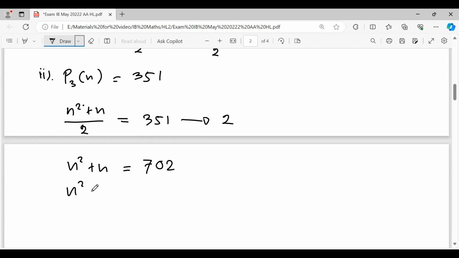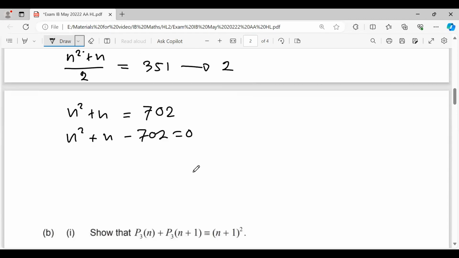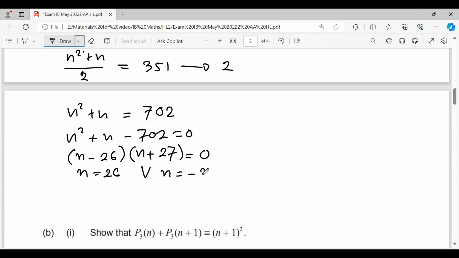So it becomes n squared plus n minus 702 equals 0. So we are going to factorize: (n minus 26) times (n plus 27) equals 0. So n equals 26 or n equals minus 27. We're not going to use this one, so the solution is n equals 26. This is the solution.